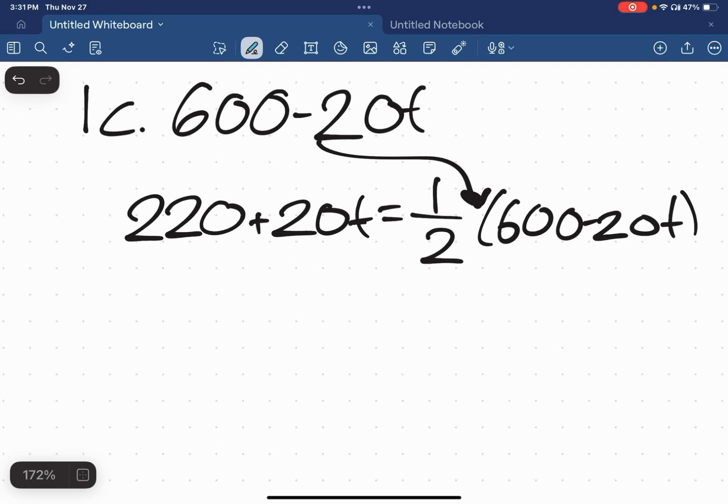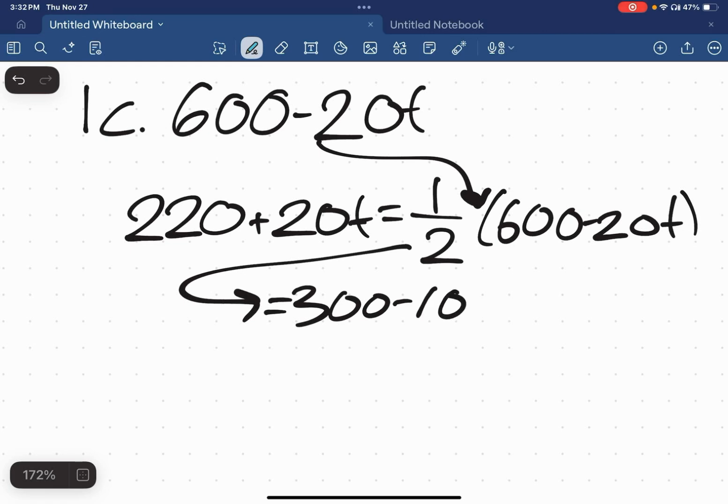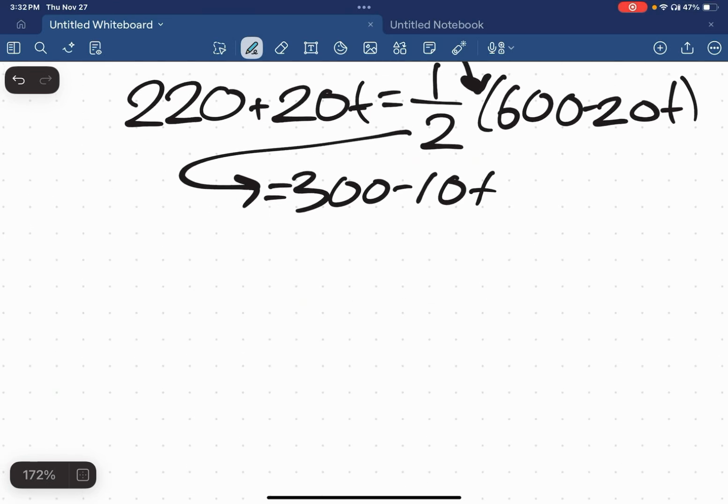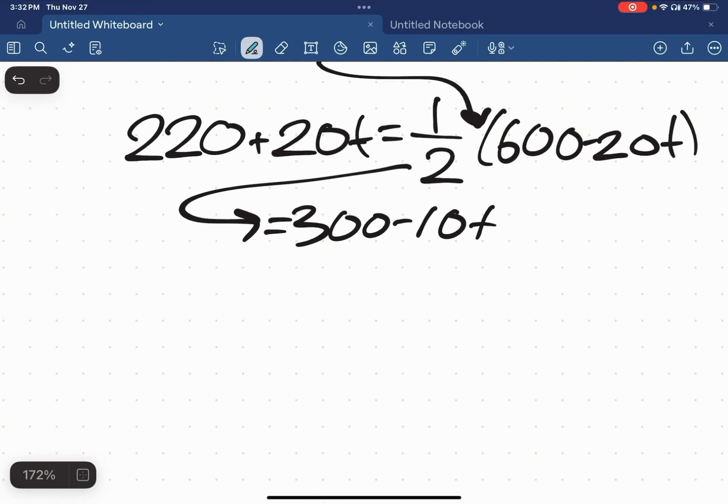This is equal to, well, I should do that. This is equal to 300 minus 10T. Scrolling down. Did I do this right? Yes, I did.